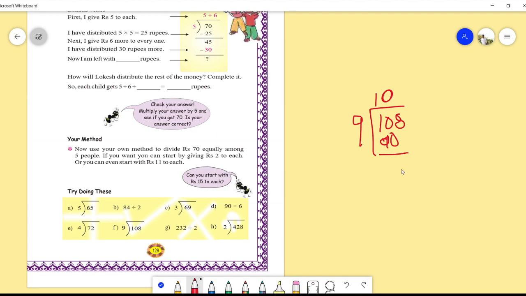So the remainder will be 18 here. Plus sign here. Then 9 twos are 18. So here 0 will come. So 10 plus 2 will be the answer.